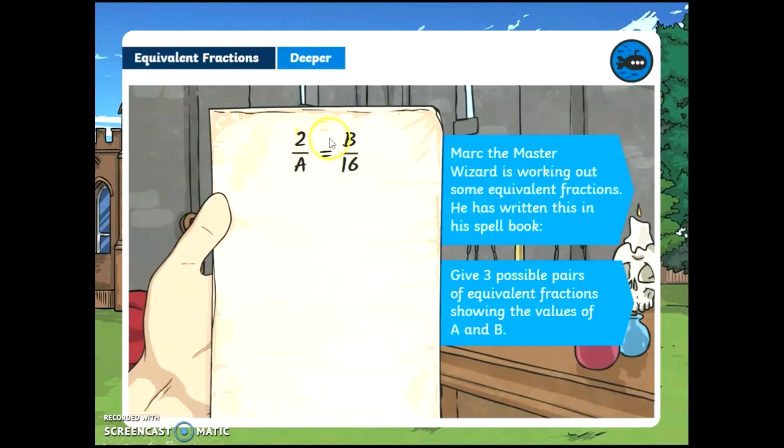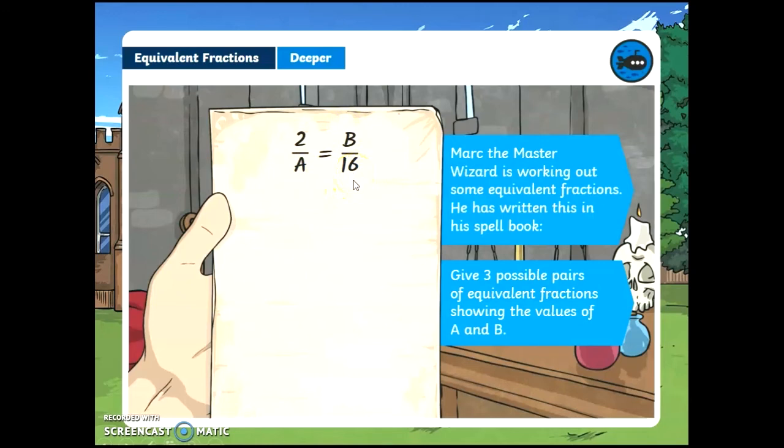That could work. So b could be 4 and a could be 8, because, let me check it again in my head, 2 times 2 is 4, and 16 divided by 2 is 8, or 8 times 2 is 16. That could work.